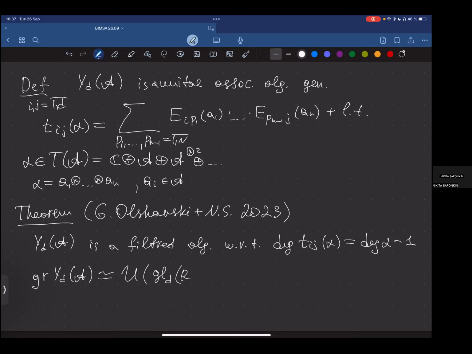This Lie algebra is a matrix Lie algebra, gl_d, over some ring. This ring is denoted by R of A, and it is as follows. It's almost the tensor algebra of A, but not exactly, meaning that it doesn't have constants.